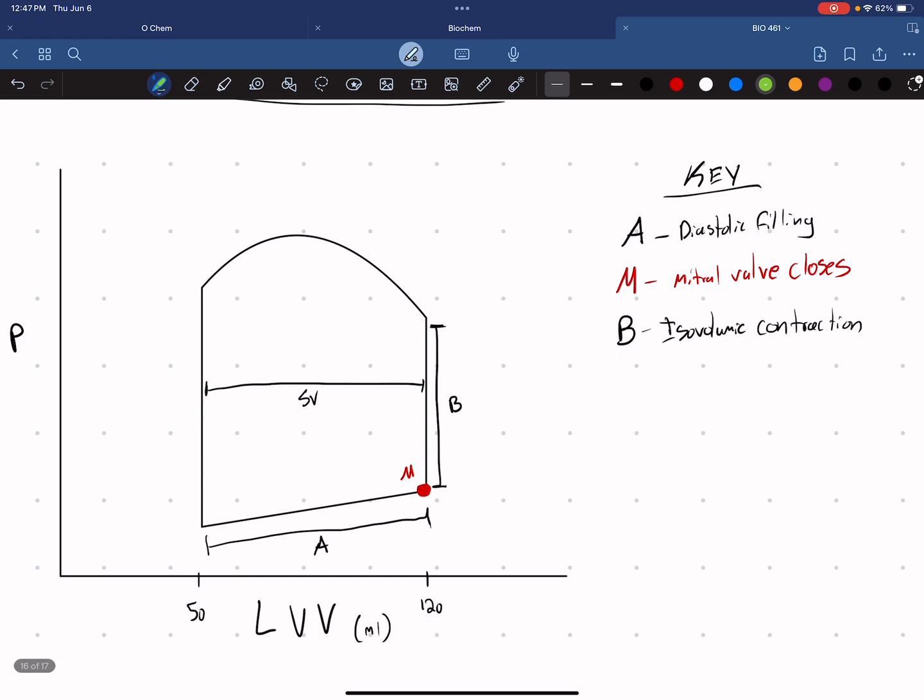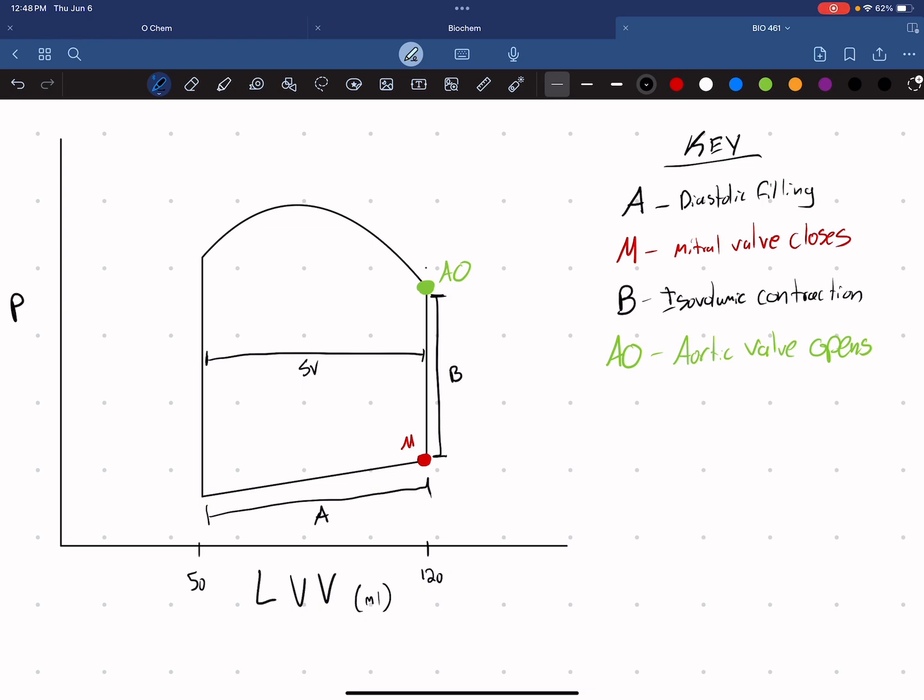Now to label another intersection here, I'll label this one AO, because this is where the aortic valve opens. This is when we will have the blood from the ventricle being pumped to the aorta. The aortic valve will open so that the blood can travel to the rest of the body.